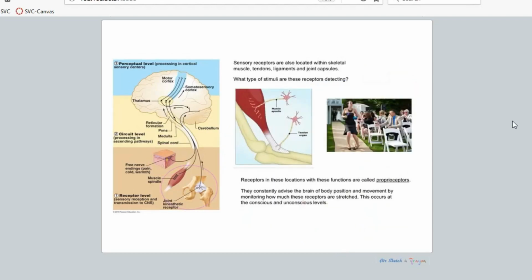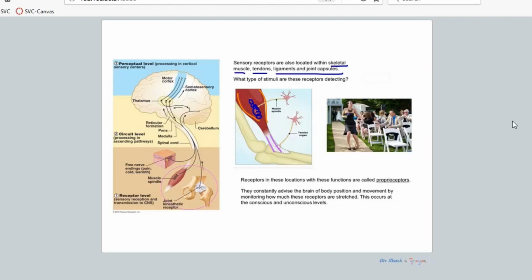We also have sensory receptors that are located in places like skeletal muscles, tendons, ligaments, and joint capsules. So here we have a skeletal muscle, and you can see that there are these sensory receptors located within the skeletal muscle. Same thing with this tendon here. Tendons connect skeletal muscle to bone.